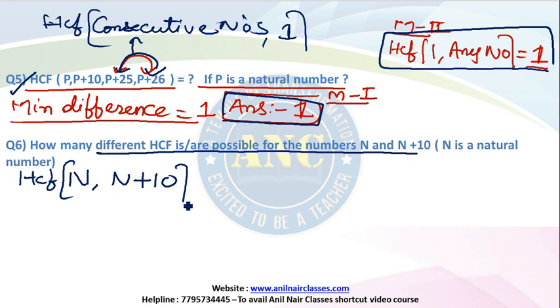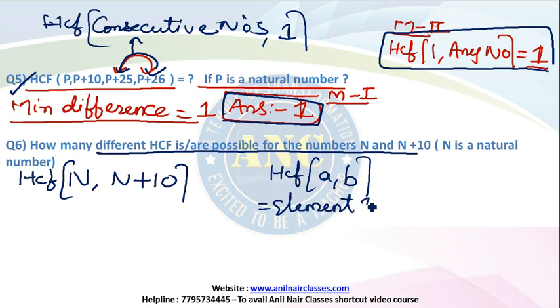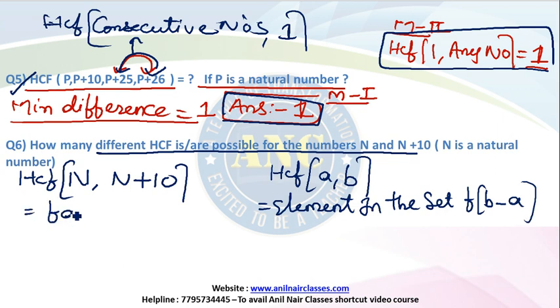There are two numbers. What is the concept that we discussed right now? The HCF of any two numbers is an element in the set of factors of B minus A. So if I take the factors of their difference, n plus 10 minus n, the difference is 10.